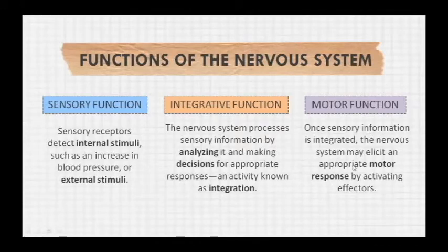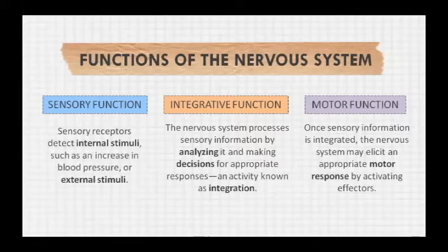by activating effectors. So if you will observe these functions of the nervous system, you may somehow relate them with the feedback systems we have already discussed in chapter 1 or lesson 1, where there are the receptors, which receive the information or sense the changes or stimuli. Then it gives an input towards the control center.